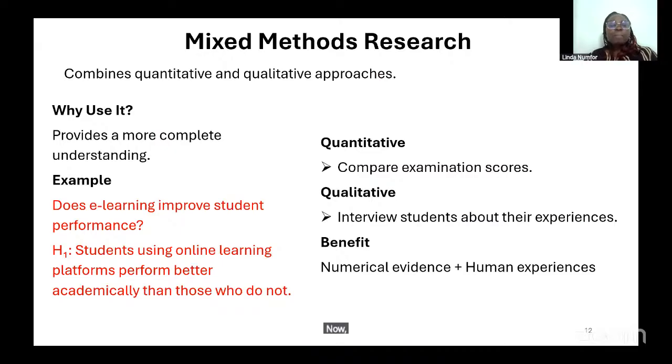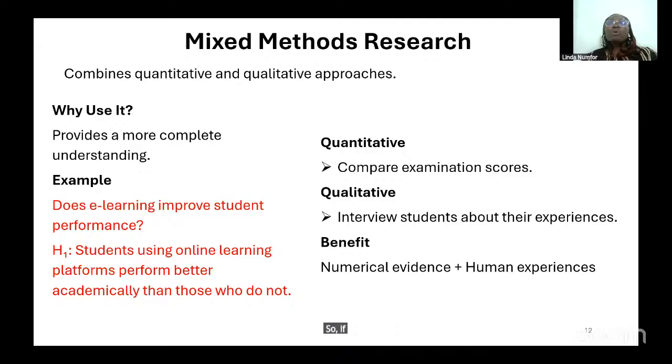Now, the third main category of research methodology: mixed method. It combines the quantitative and the qualitative approaches. So why is this used? It provides a more complete understanding.